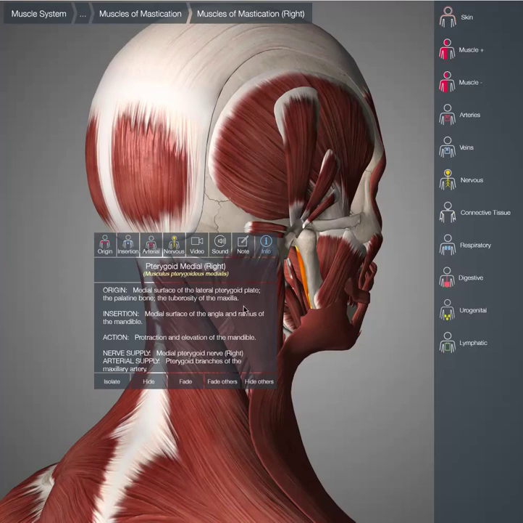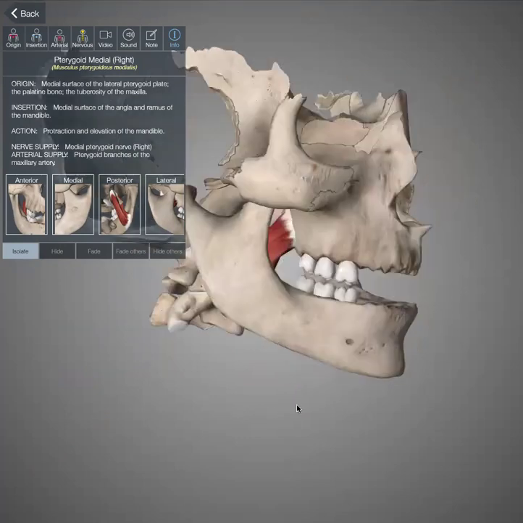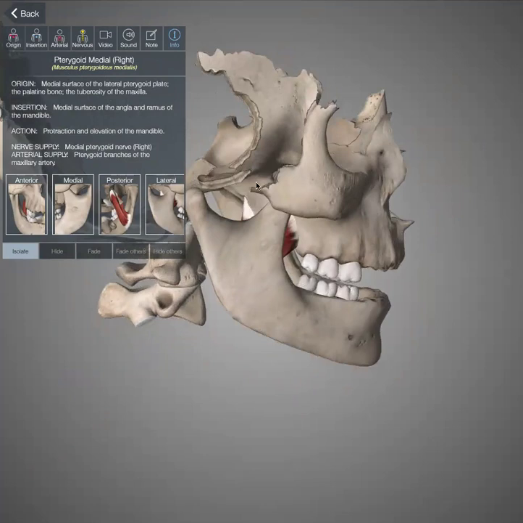And then finally, nerve supply: medial pterygoid nerve. Again, I said muscles in this region are innervated by the anterior division, right? So the medial pterygoid nerve comes out of the anterior division of the mandibular division of the trigeminal nerve.